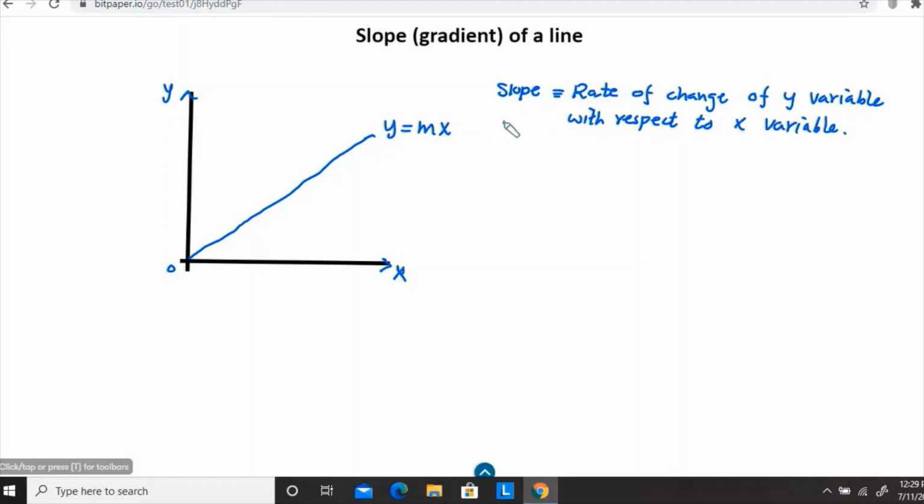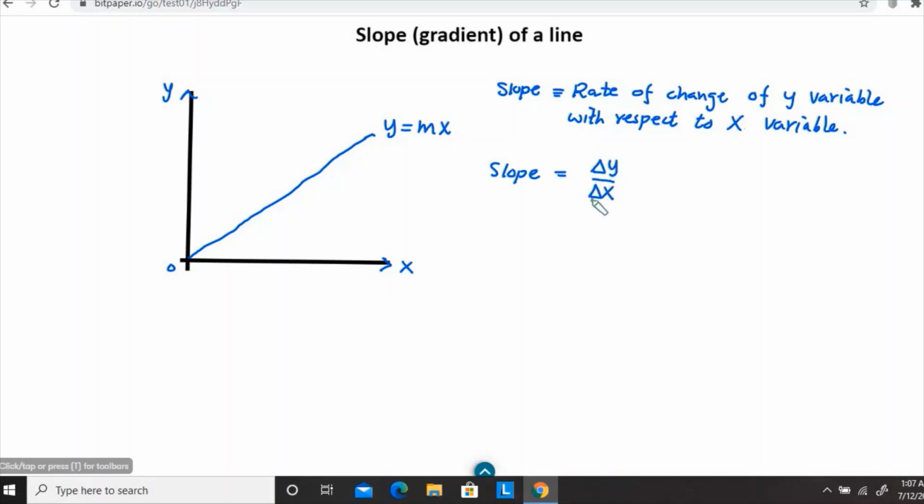That is how we define the slope of a straight line. So in terms of the x, y variables, slope can be defined as delta y over delta x.